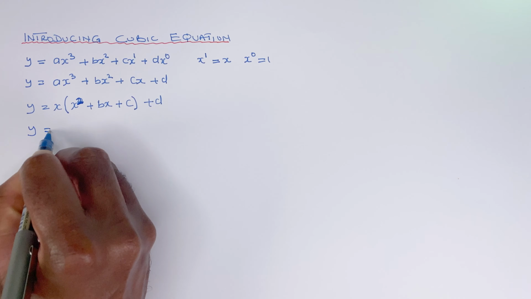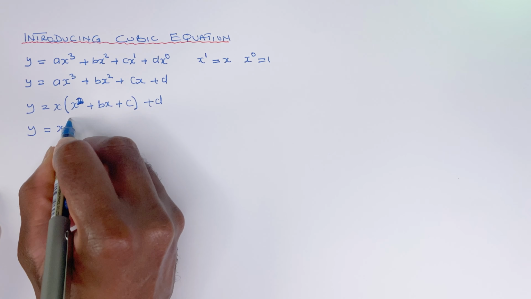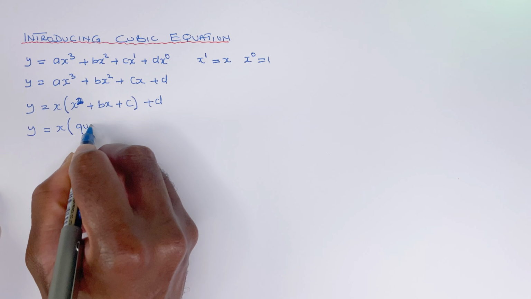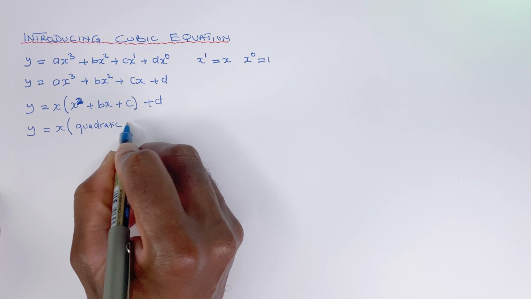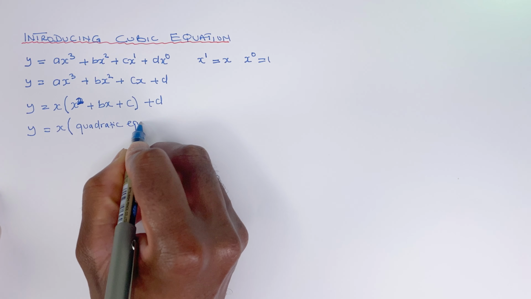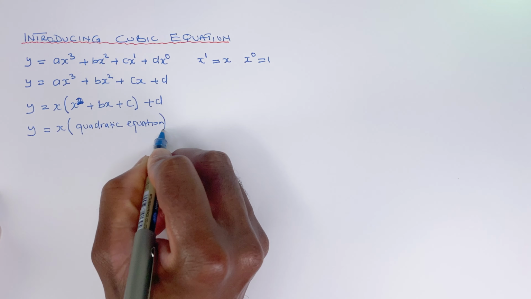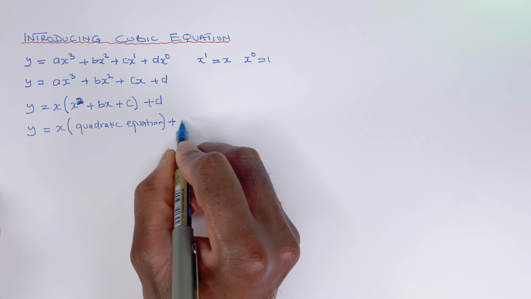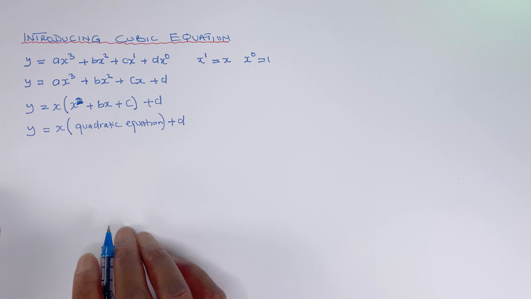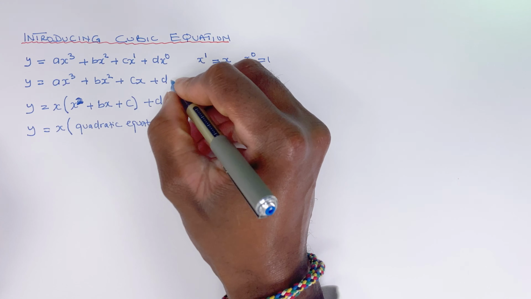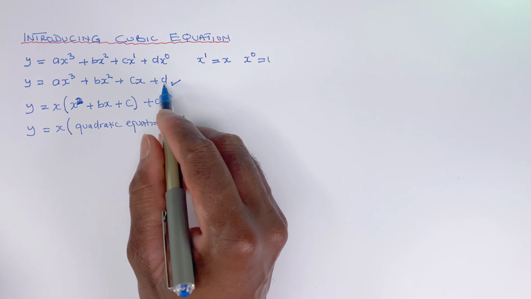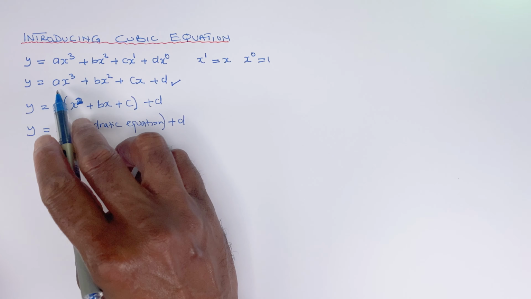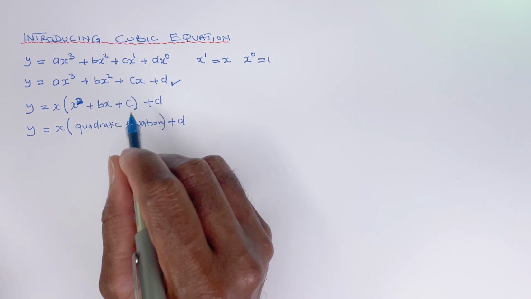So y equals x times a quadratic equation plus d. So that's a cubic equation. But this is the most common way of writing cubic. If any of the coefficients is 0, the variable terms will disappear.